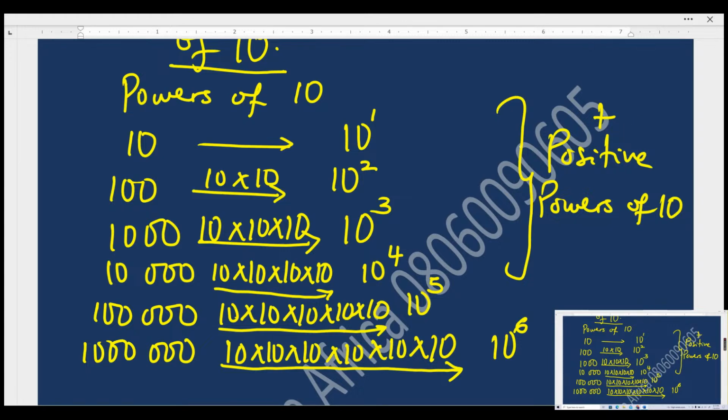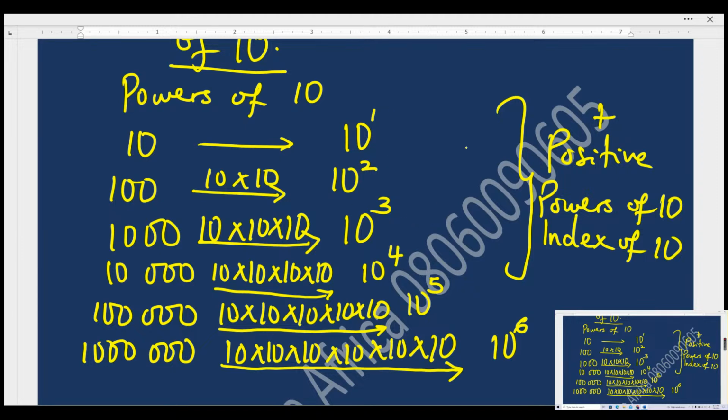So they are positive powers of 10. We also call them indices of 10 or index of 10. One power of 10 is called an index of 10. So all these are called positive powers of 10.